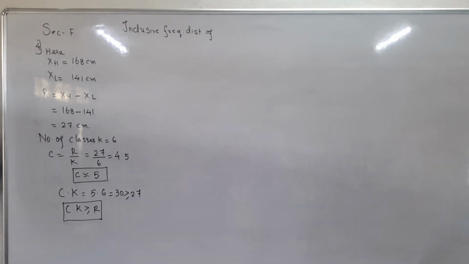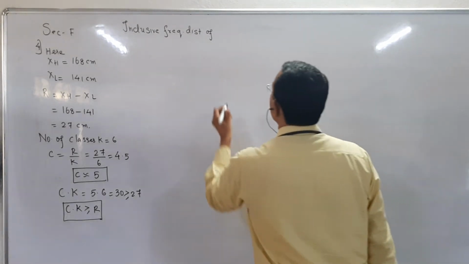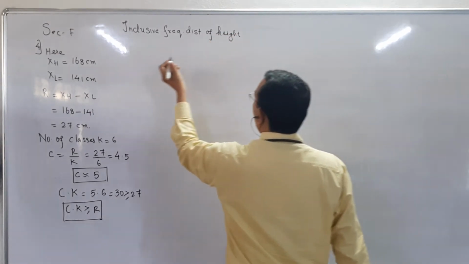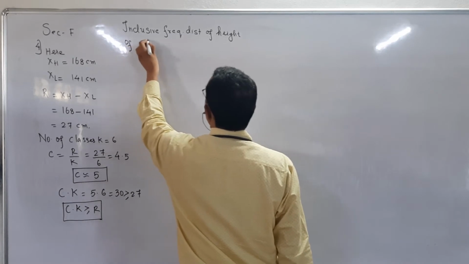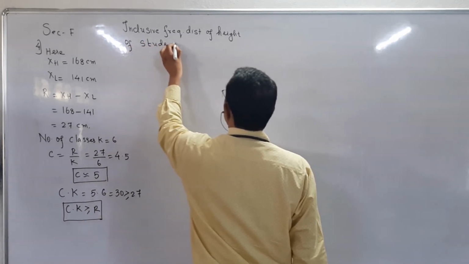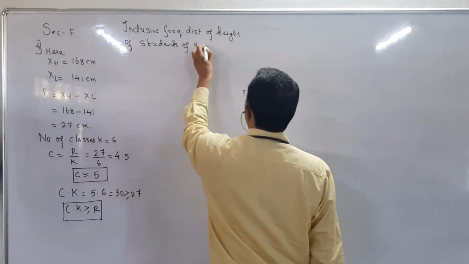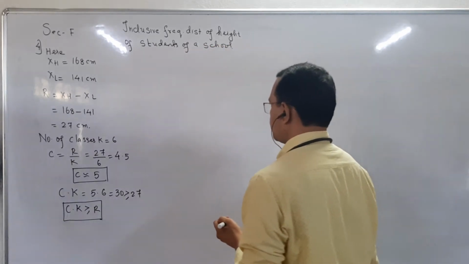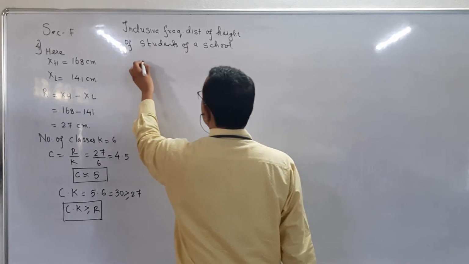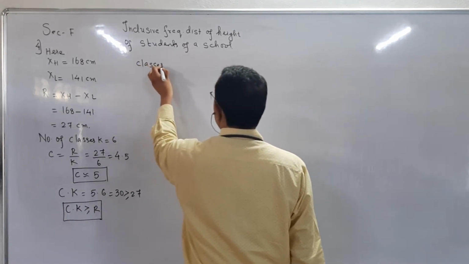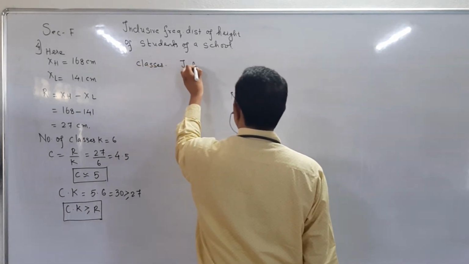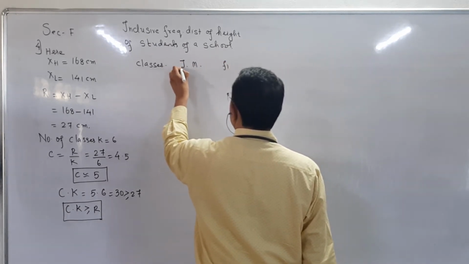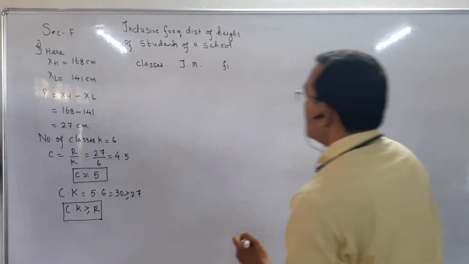So inclusive frequency distribution of height of students of a school. Now, the first column is classes, then tally marks, and then F. This is T, tally marks.